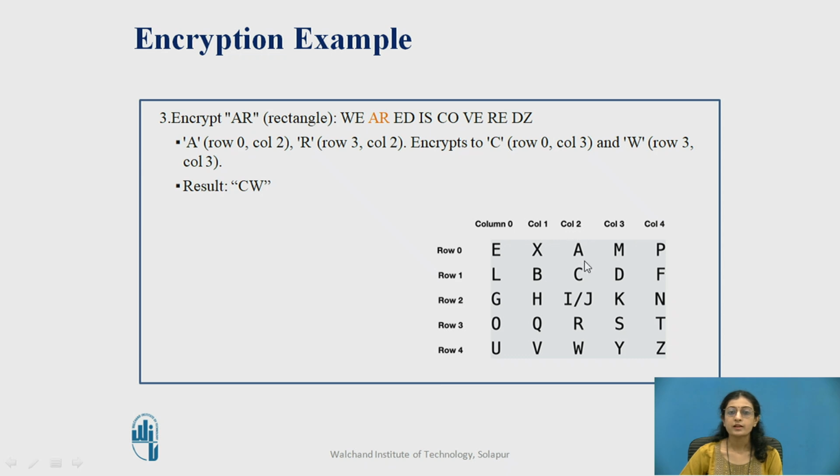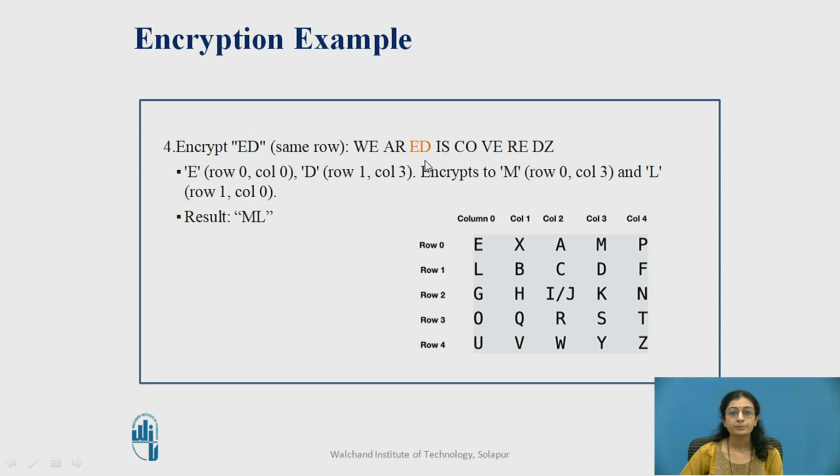That's why as per the rule we have to substitute them with the letter immediately below that particular letter. So the letter below A is C, that's why A is substituted by C, and the letter below R is W, that's why R is substituted by W. So the encryption for AR is CW.